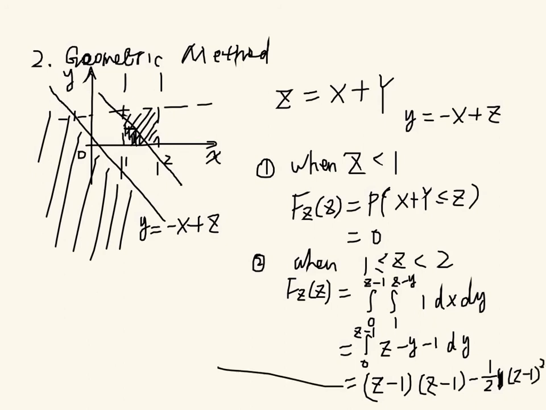So this term is equal to half of z squared minus z plus 1 over 2.